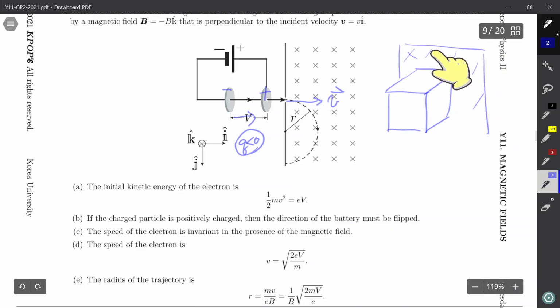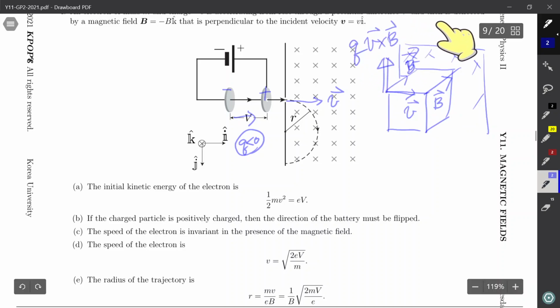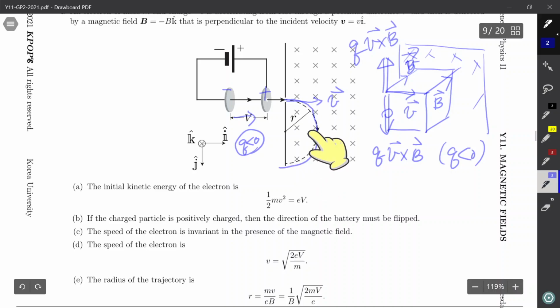In this plane, the magnetic field is coming in, B, and V is here. V cross B is going upward. Because the charge is negative, Q V cross B is going down. Therefore, it makes a circular motion in this direction.